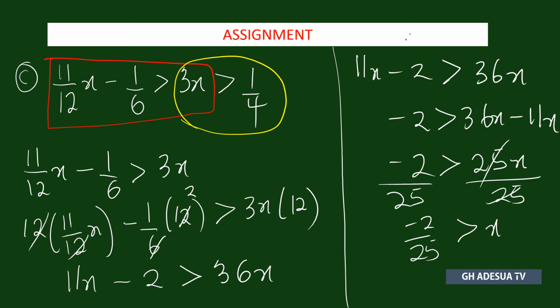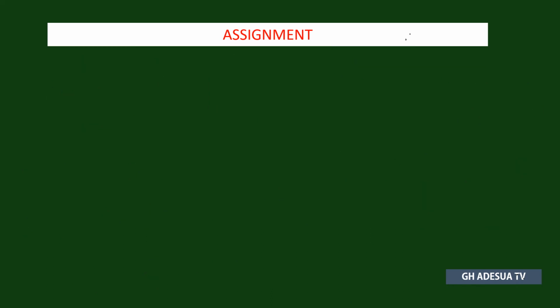So we can now move to deal with the right hand side. Now on the right hand side we have 3x greater than 1 over 4, but I want x to stand alone. So you would need to first multiply through the equation by 4.